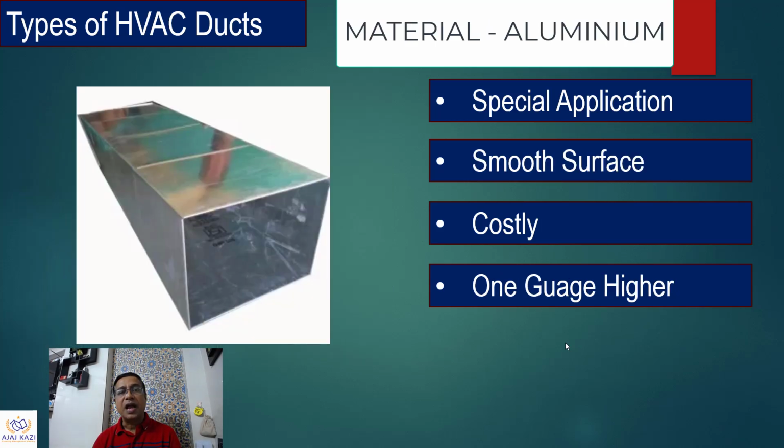Then we have aluminum, again used for special applications. Smooth surface in all of these. They're costly, and because of the strength of the sheet, we generally go one size higher in terms of gauge or thickness for a specific size. If for a specific size I use 24 gauge for GI, I will use 22 in the case of aluminum, just to give an example.